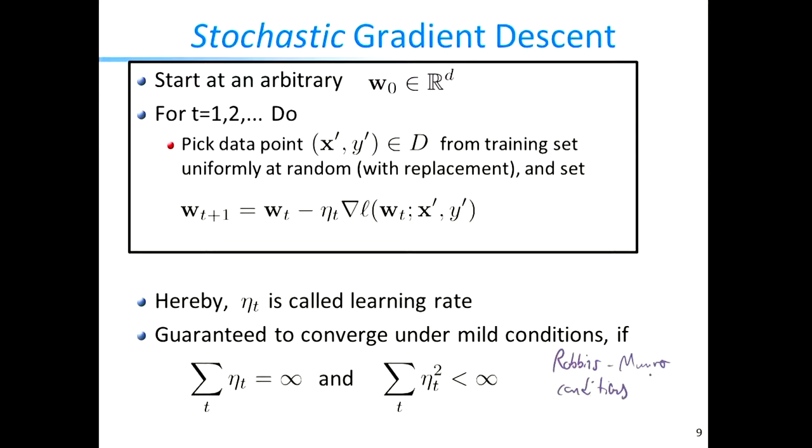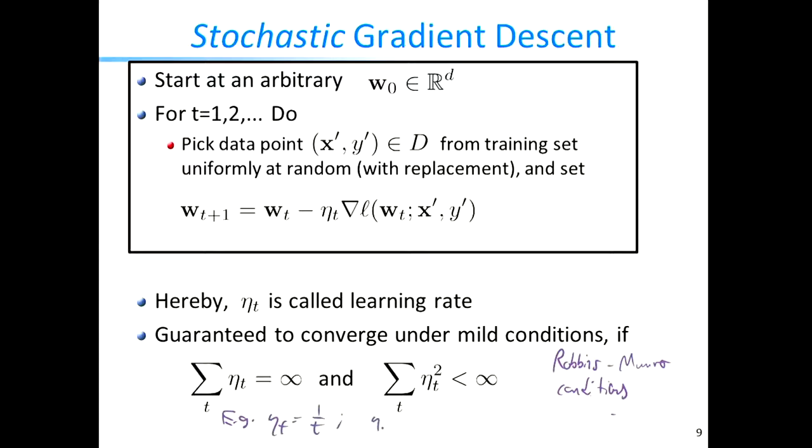Okay, and so what's an example of eta t that satisfies this? Well, something like 1 over t. For example, eta t is 1 over t satisfies these conditions. The sum over t of 1 over t diverges, but the sum over t of 1 over t squared converges.